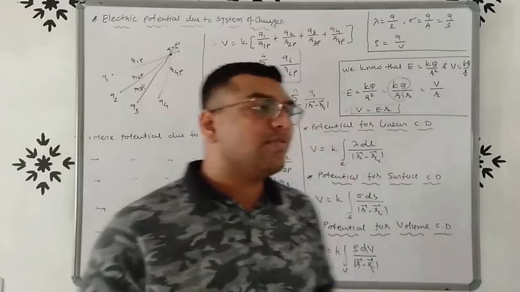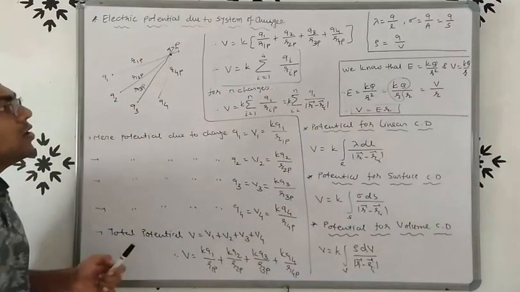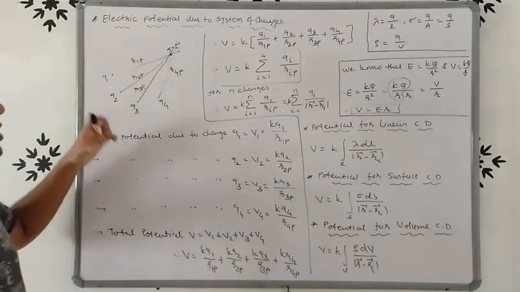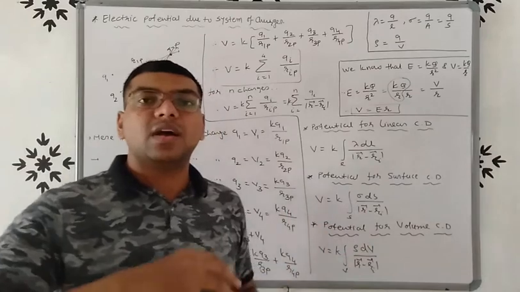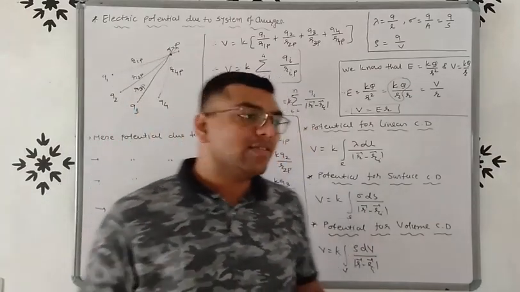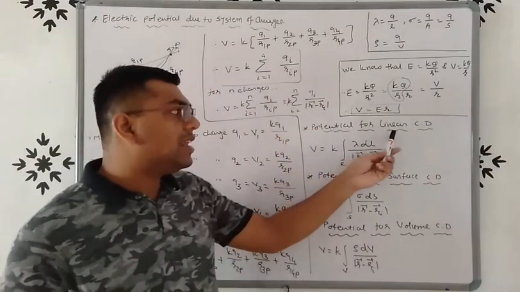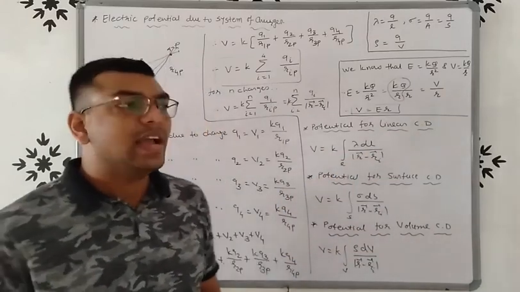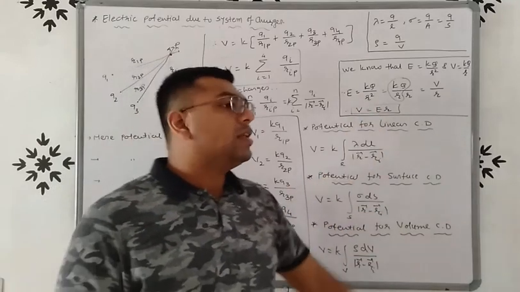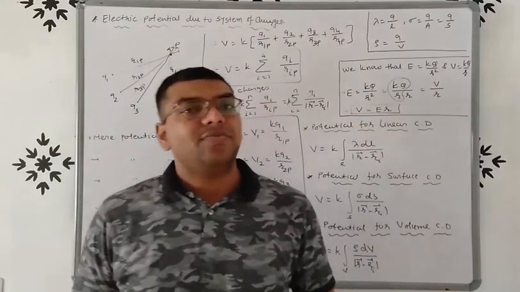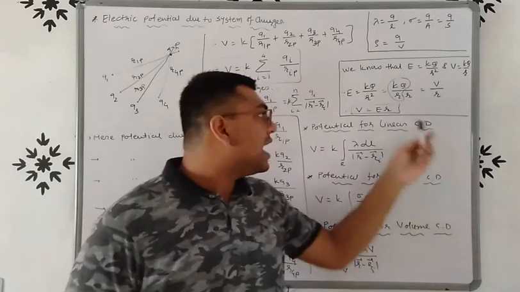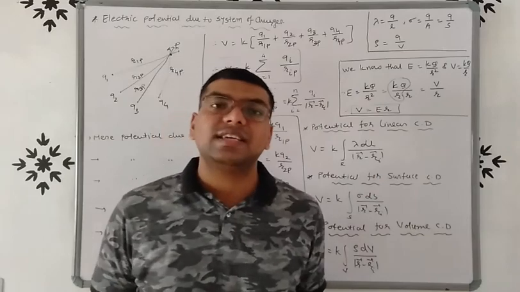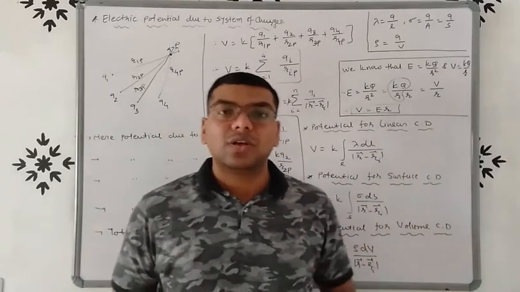From the formula of electric potential, you can also derive the formula for a system of charges, and the formula of potential for linear, surface and volume charge distribution. And last, the relation between potential and field, V is equal to Er, and if the distance is d instead of r, then V is equal to Ed. Okay friends, thank you.